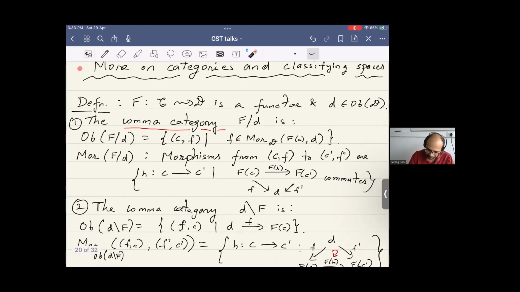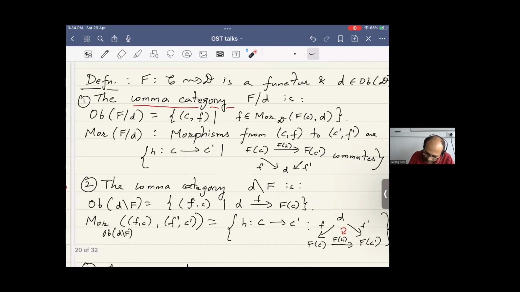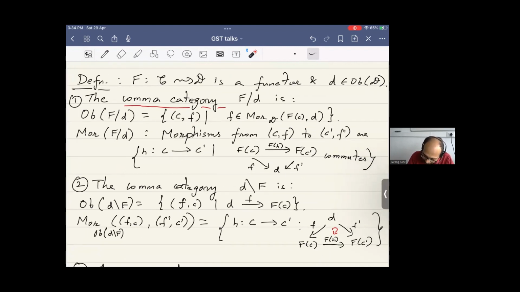The objects are pairs (C, f), and what kind of pairs are these? This f is a morphism from the functor F applied to C to D. So that's what this pair represents: an object of C and a morphism from F of C to D. Okay, and what are morphisms here? Suppose you have two objects, (C, f) and (C', f').